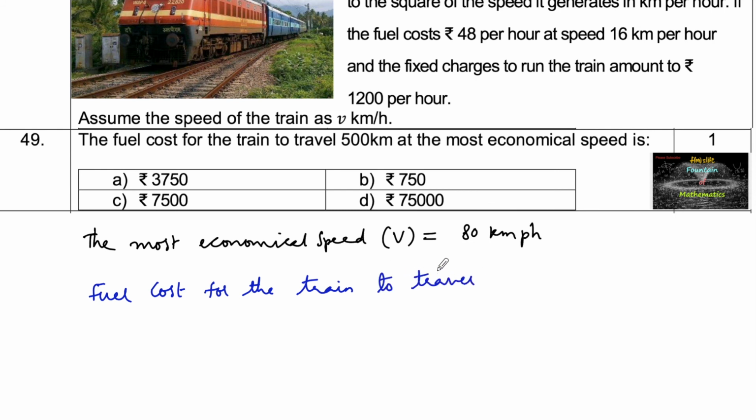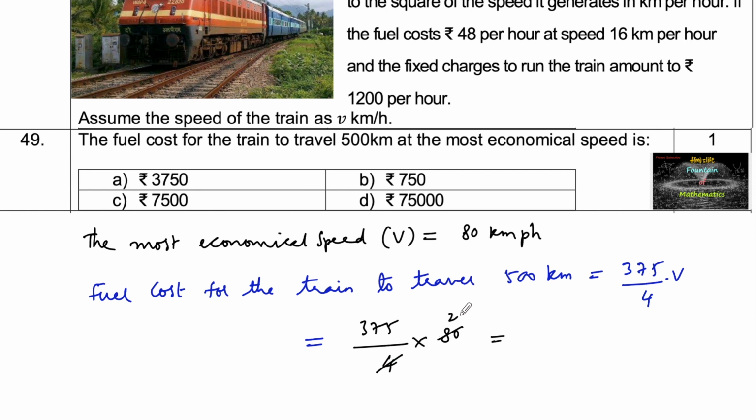We have solved it, and it is given as 375 upon 4 v. 375 by 4 into v is the fuel cost, and at the most economical speed we can calculate 375 upon 4 into 80, so 4 20s are 80, and 375 into 20 we can write 7500.